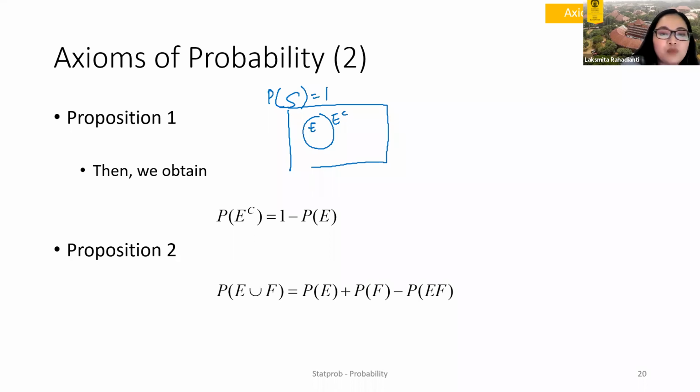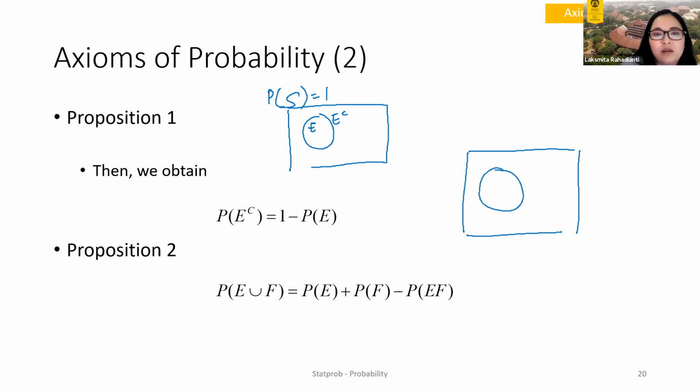The second is when I have two different events, E and F. The probability of E or F is the sum of their individual probabilities minus the probability of their intersection.